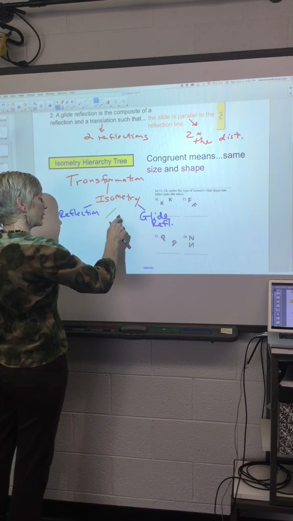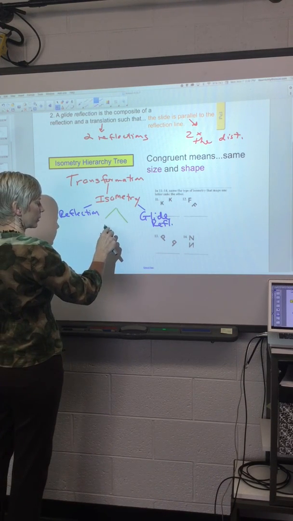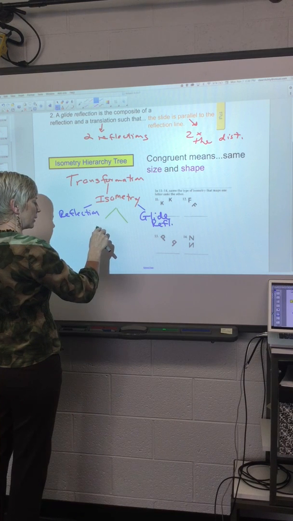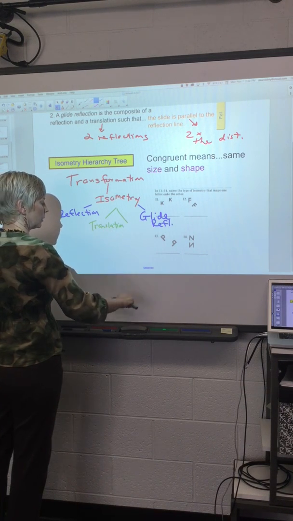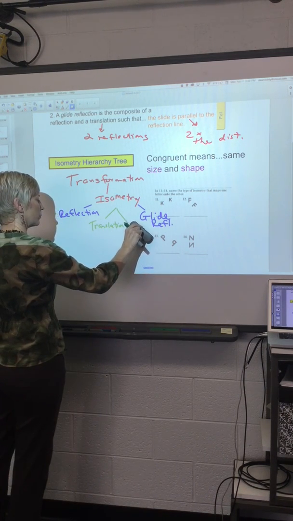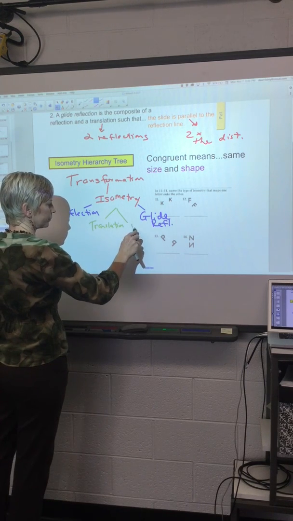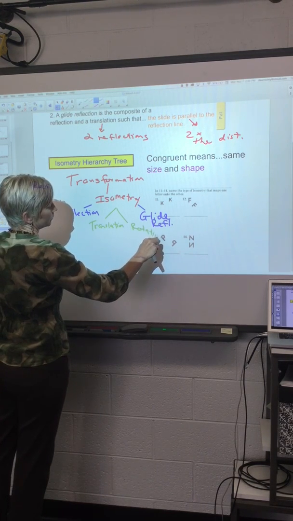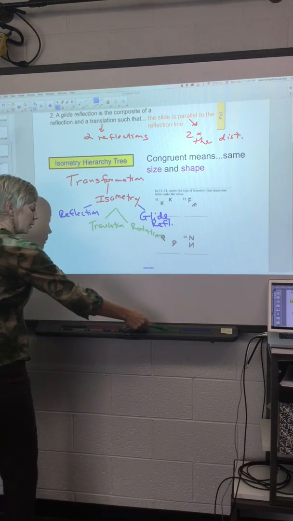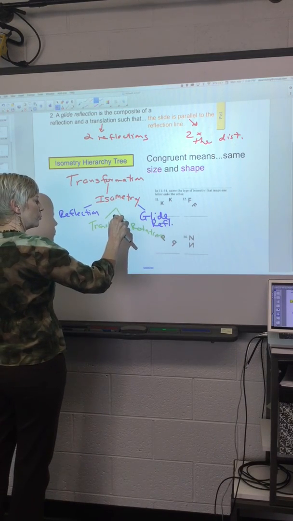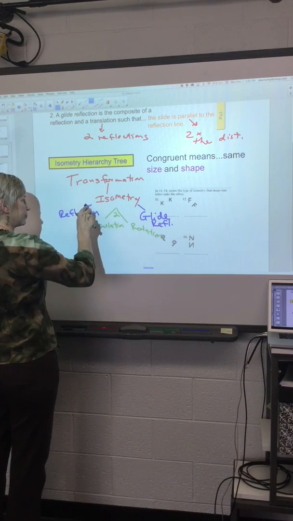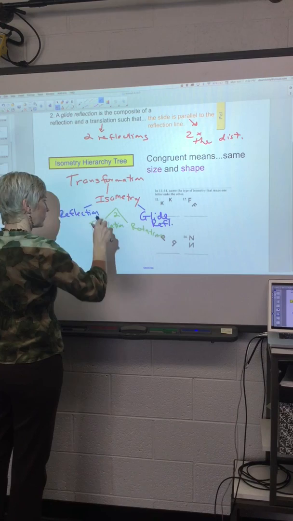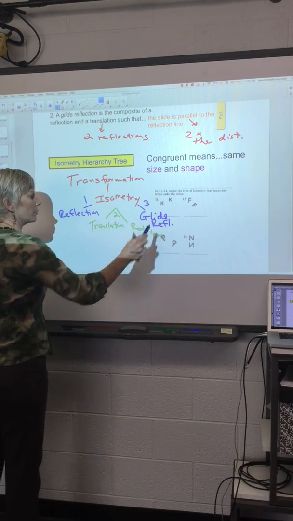And then in the middle we have our two reflections, and that's when we have a translation or a slide, and rotation is the other one. So 2 reflections. This is 1 reflection. And this is 3 reflections.